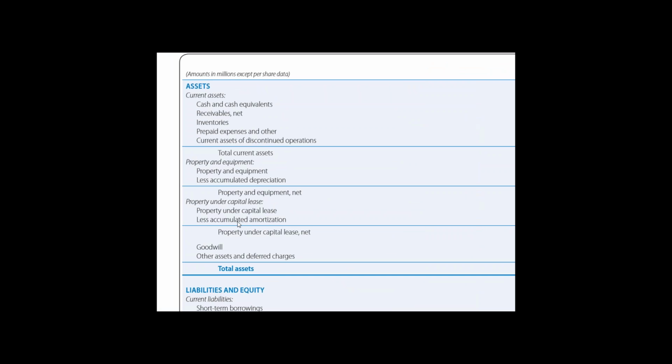The non-current assets are basically property. This is all property we added together. Goodwill and other. Pretty simple.